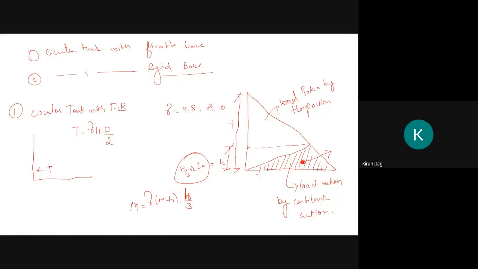And the maximum hoop tension T is given by T = gamma times (H minus h) times half the diameter. Only the changes are this much, so don't get more confused. Once you solve the numericals, you will understand how to calculate the tension and the reinforcement for the different types of tanks.